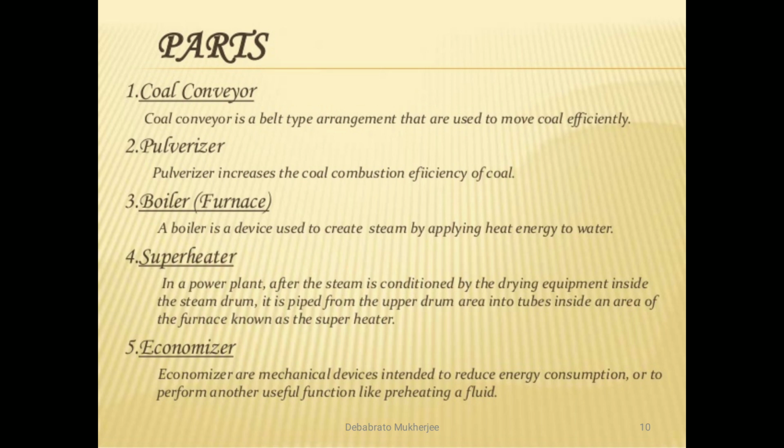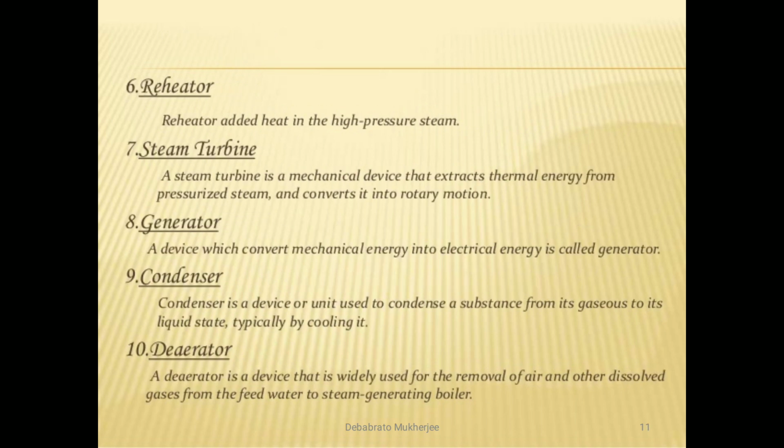Economizers are mechanical devices intended to reduce energy consumption or to perform another useful function like preheating of a fluid. Reheated, heat is added to the high pressure steam turbine, which is a mechanical device that extracts thermal energy from the pressurized steam and converts it into rotary motion.